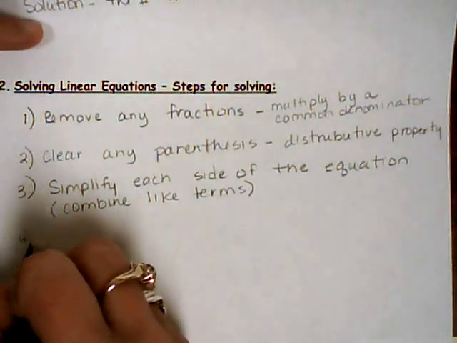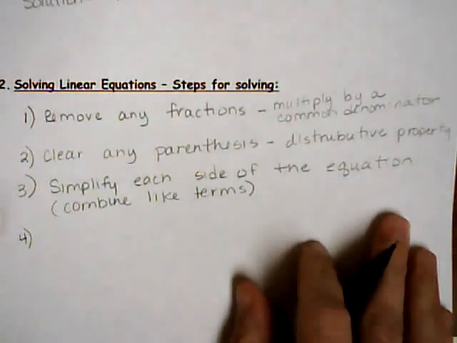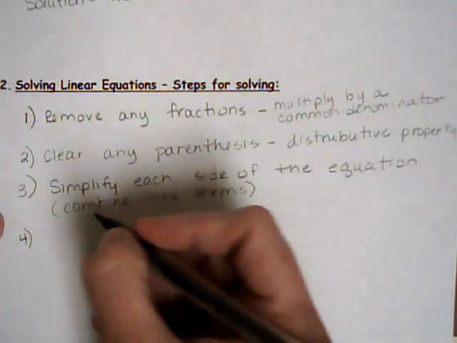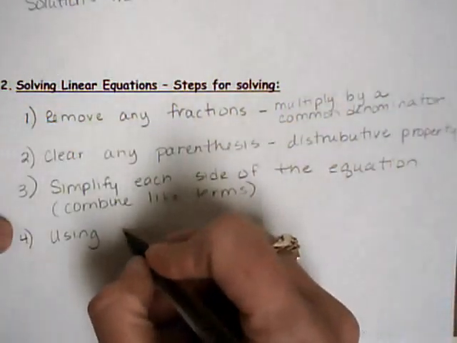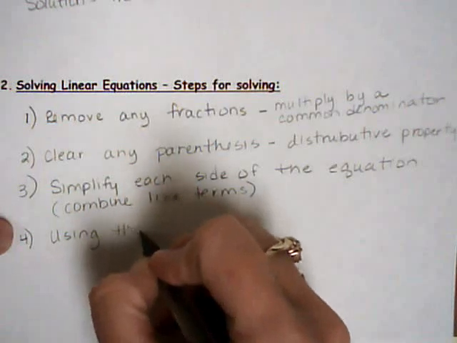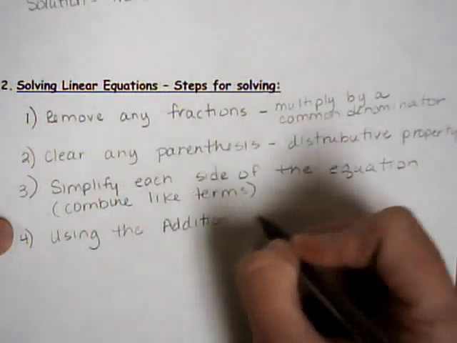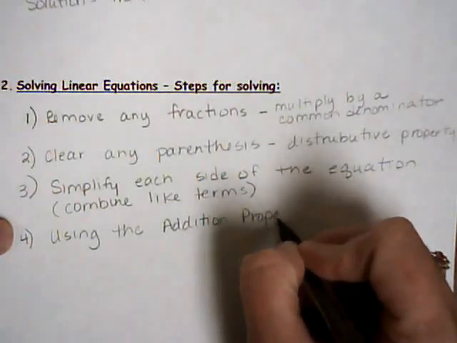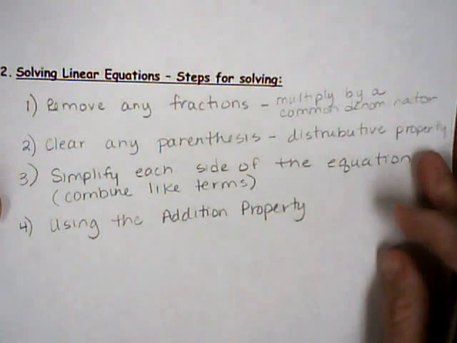Alright, step number 4 is the one that you probably will be using the most. Okay, this one is using what we call in algebra the addition property. Now the addition property tells us that we can add or subtract the same number from both sides of the equal sign, and it's not going to change our equation.